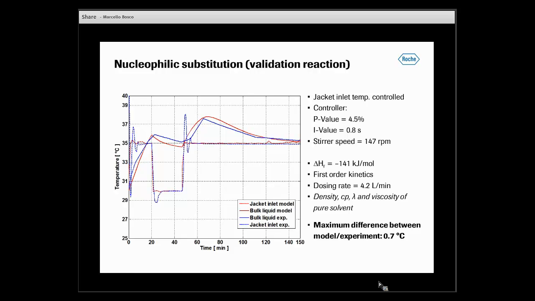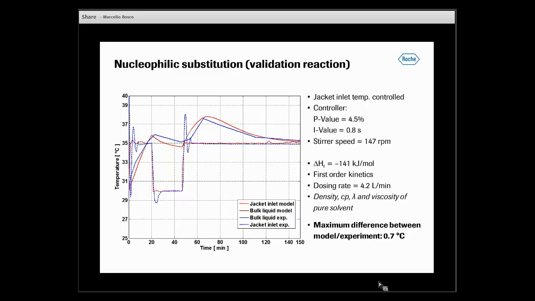On the right side, we see the assumptions which we have made in the model. So we see the jacket inlet temperature control at this time. We have the controller values. We have stirrer speed, 147 RPM. We have the reaction enthalpy, which was measured on an RC1. It was about minus 141 kilojoule per mole.